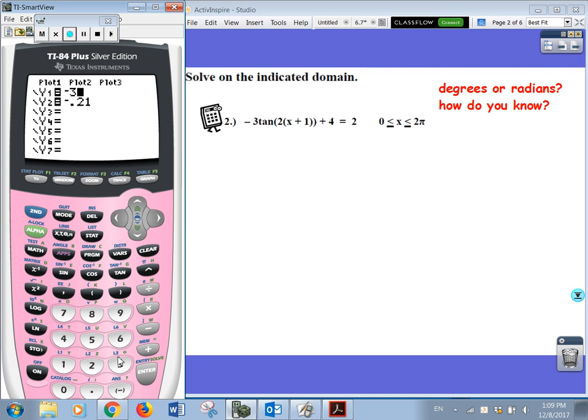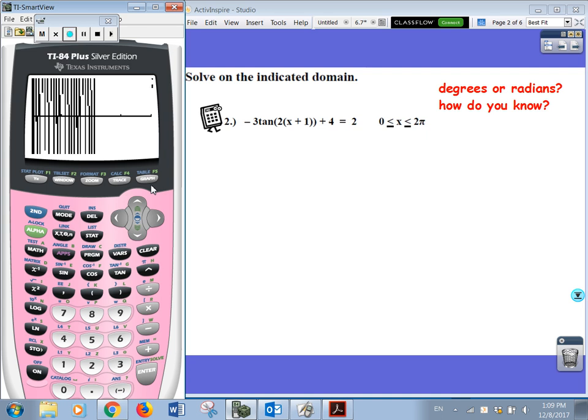Important that we type this in correctly. The 2 does not need its own parentheses because it's not a fraction. It is very important that you close your parentheses right there before you add the 4. And then we just set that equal to 2. If we just hit graph, we're going to get a bunch of business on our calculator because right now the calculator is going from 0 to 360.